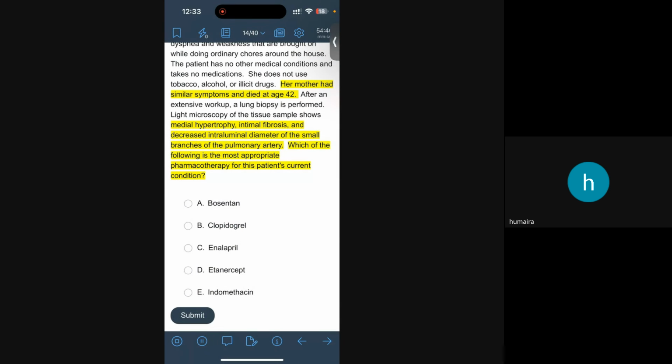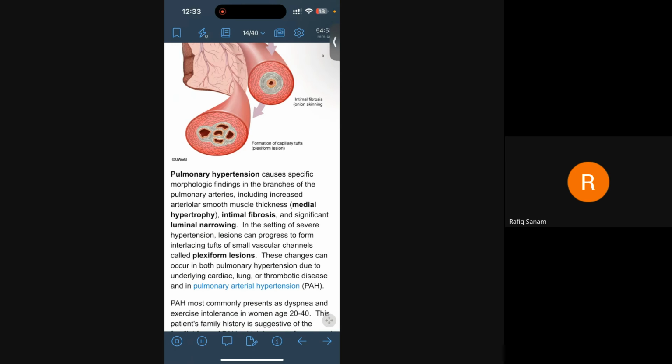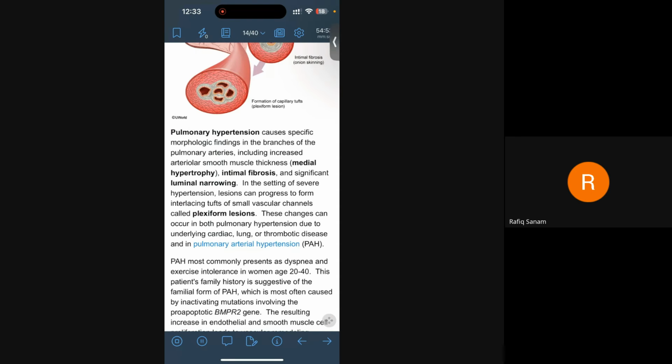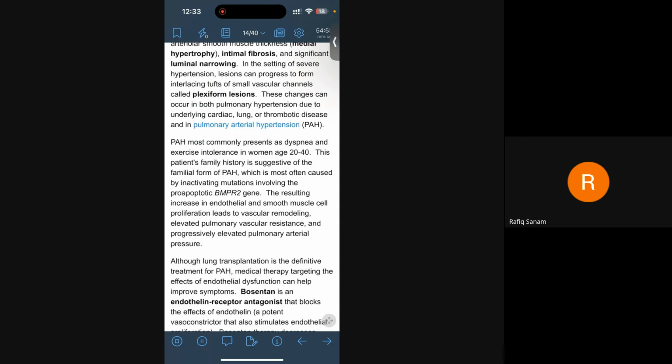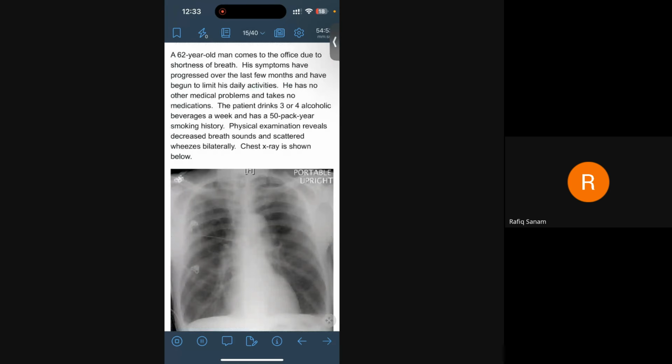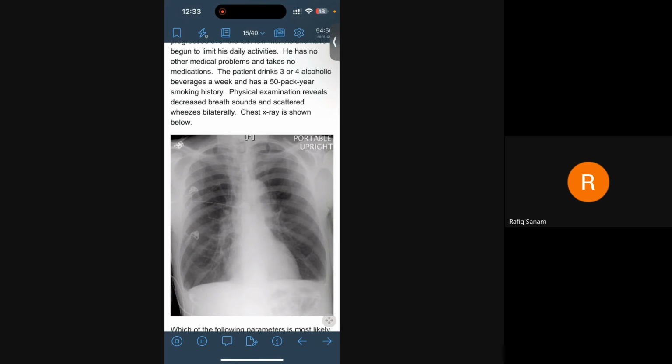Which one is going to be the answer? A, bosentan, an endothelin receptor antagonist. It is pulmonary hypertension, plexiform lesion. Let's move on to the next question.